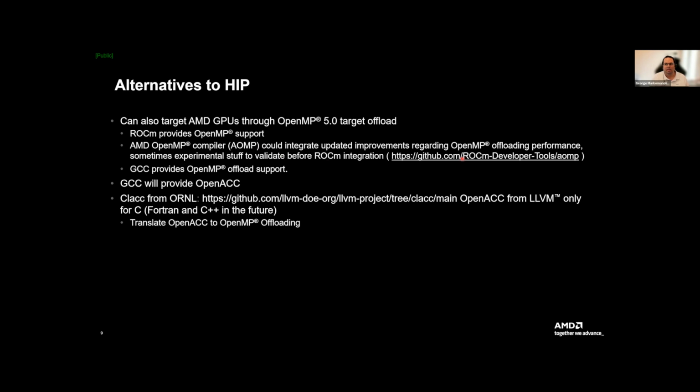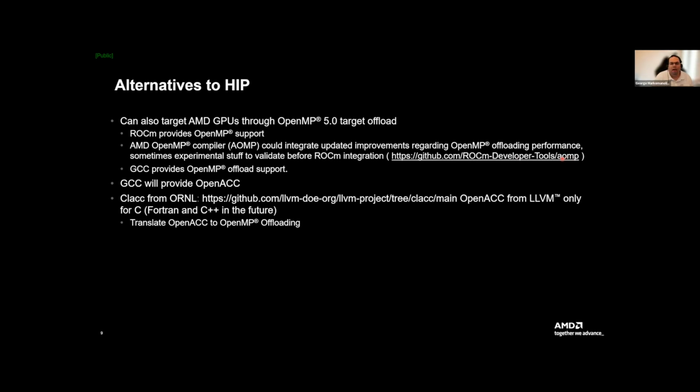What I mean is, if you take AOMP and install it on your system, maybe the OpenMP performance can be better than ROCm, because ROCm has the latest stable version, while this is the testbed, and then the changes go to ROCm. This is of course nothing that I'd say to just use; use it if you want to test, not for production.